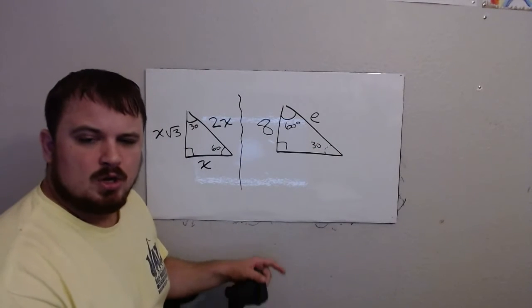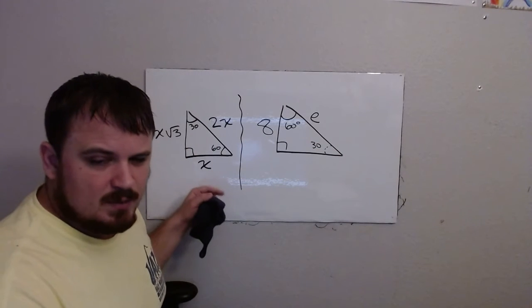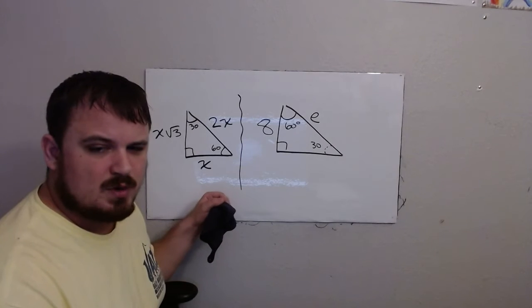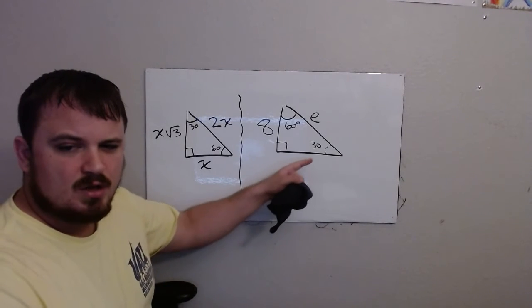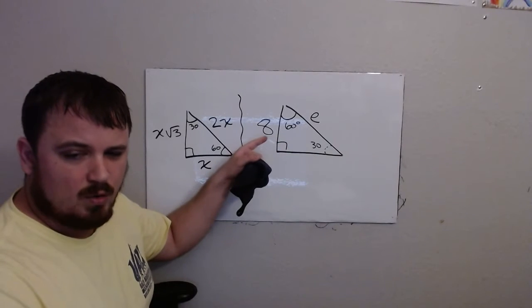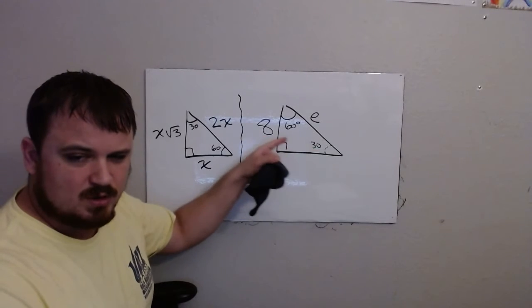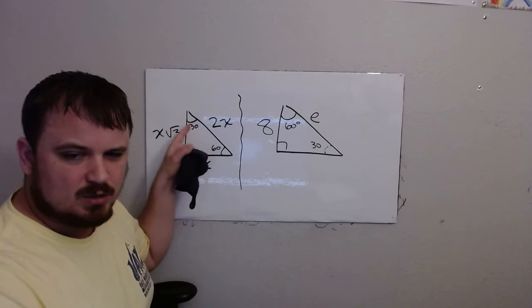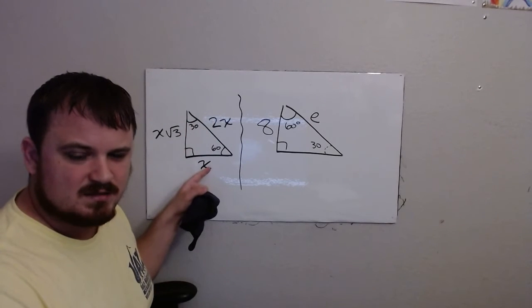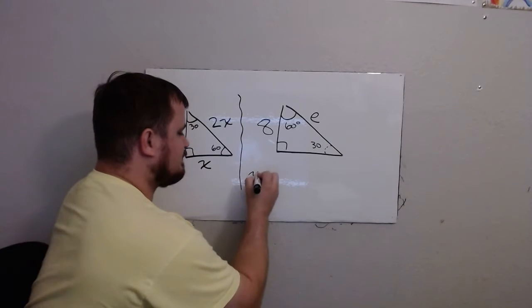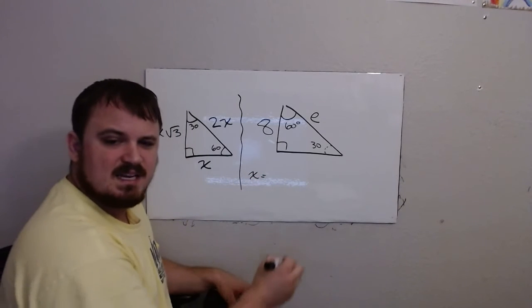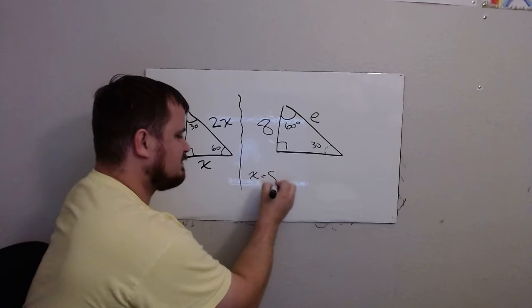So if we wanted to figure out what belongs where, in this case, you notice across from 30 is the 8. Across from 30 we call that x. So in this case, what does x equal? Well, it equals 8.